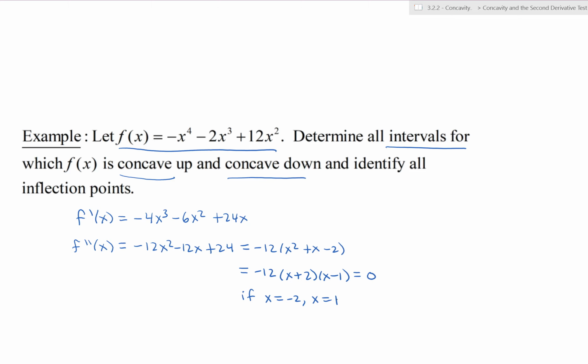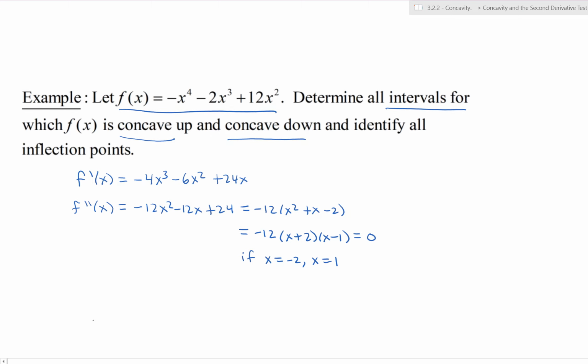Can we find really the critical points of the derivative function? And in that case, we look at if there's sign changes in its derivative, which is the second derivative, and when that happens, we could have an inflection point there. So in this case, the possible points of inflection are first going to be at x is negative 2 and at x is 1.